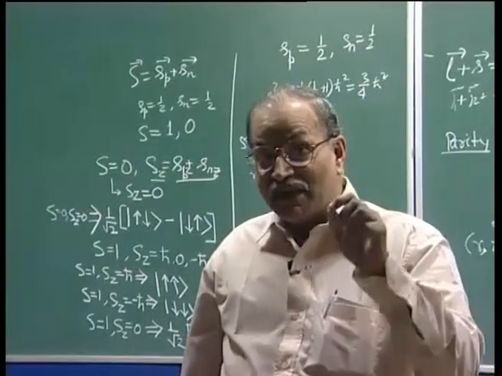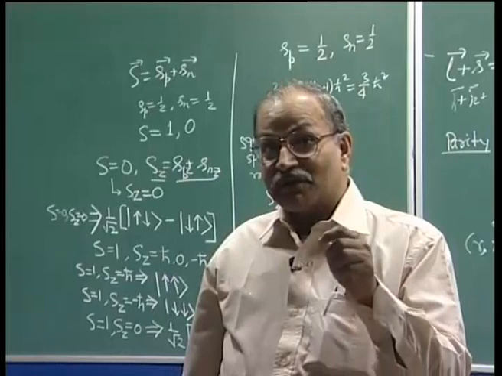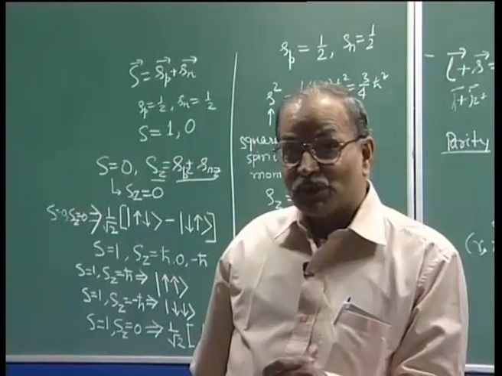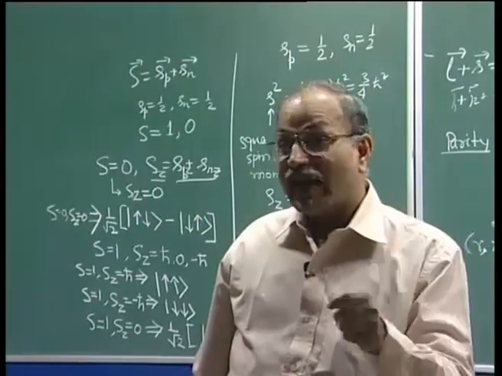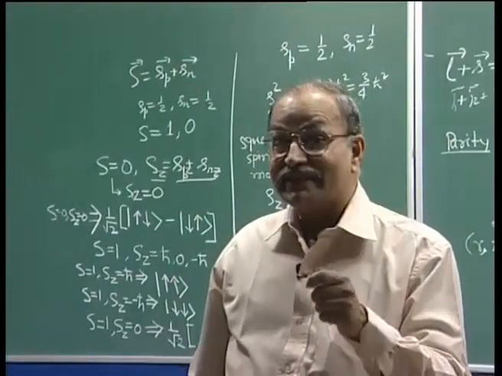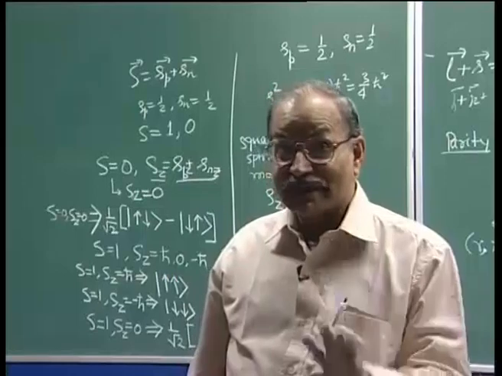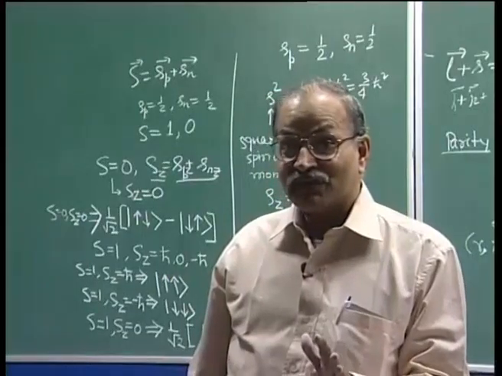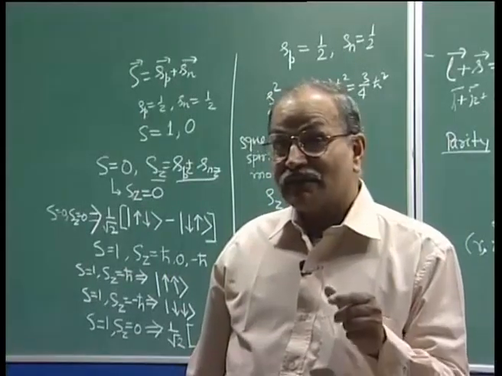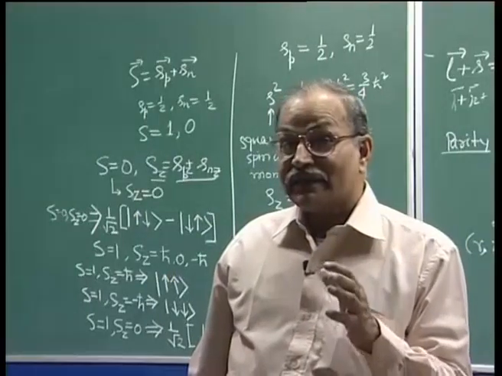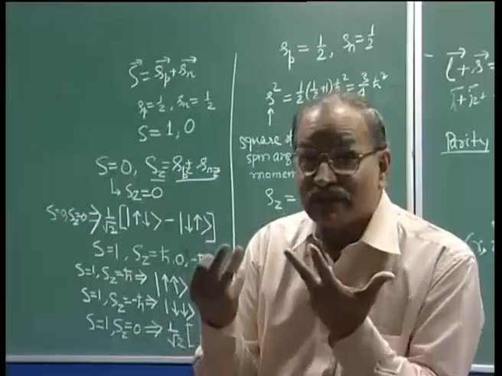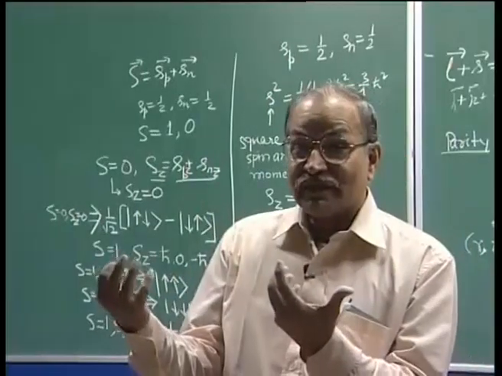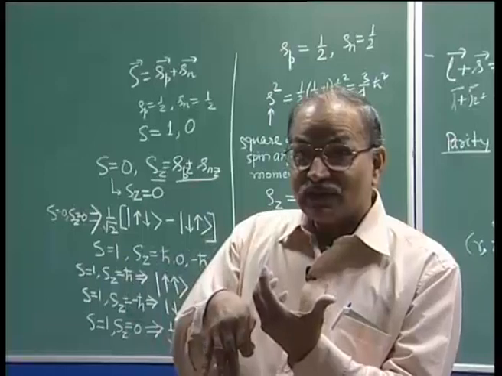right. Even if I go for non-central potential, you will find, I will just do it in a minute, that capital S has to be 1, capital S is never 0 in Deuteron bound state. Okay? So, that tells me that nuclear interaction is spin dependent, it favors capital S equal to 1 and it does not favor capital S equal to 0.